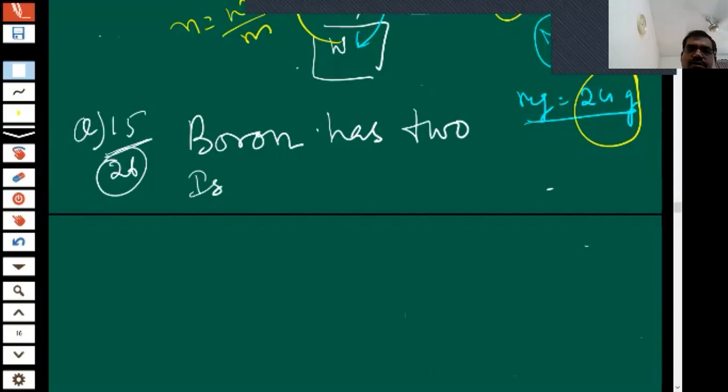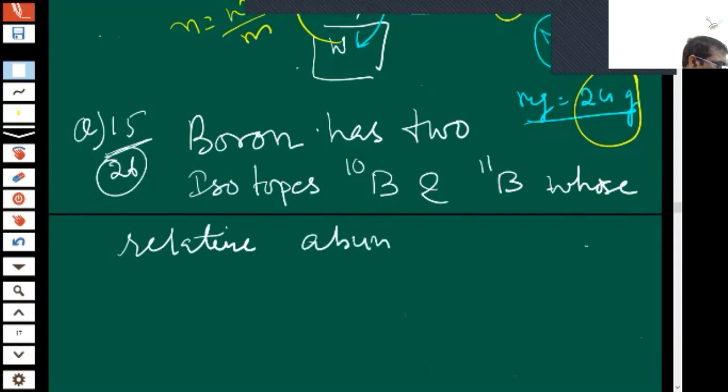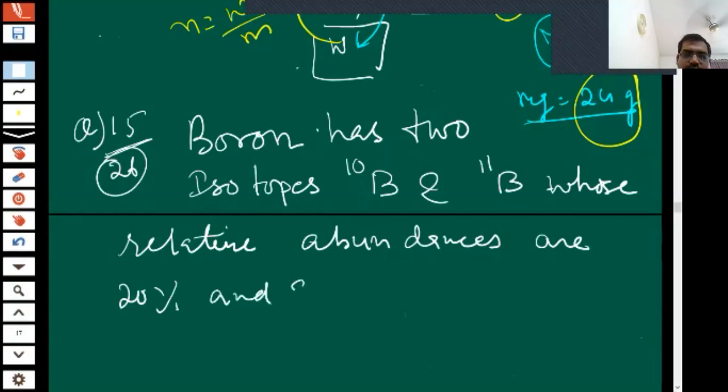Boron 10 and boron 11, children, whose relative abundances are 20% and 80% respectively.